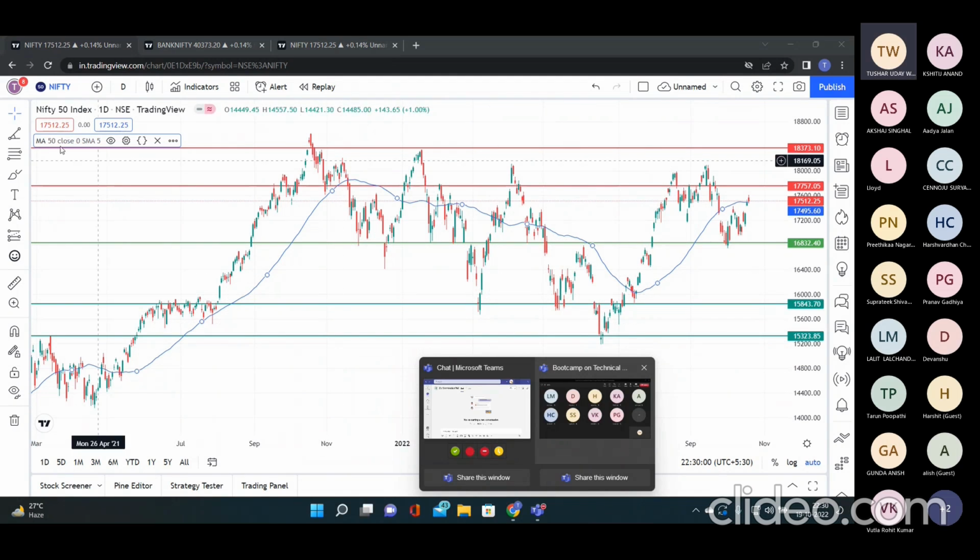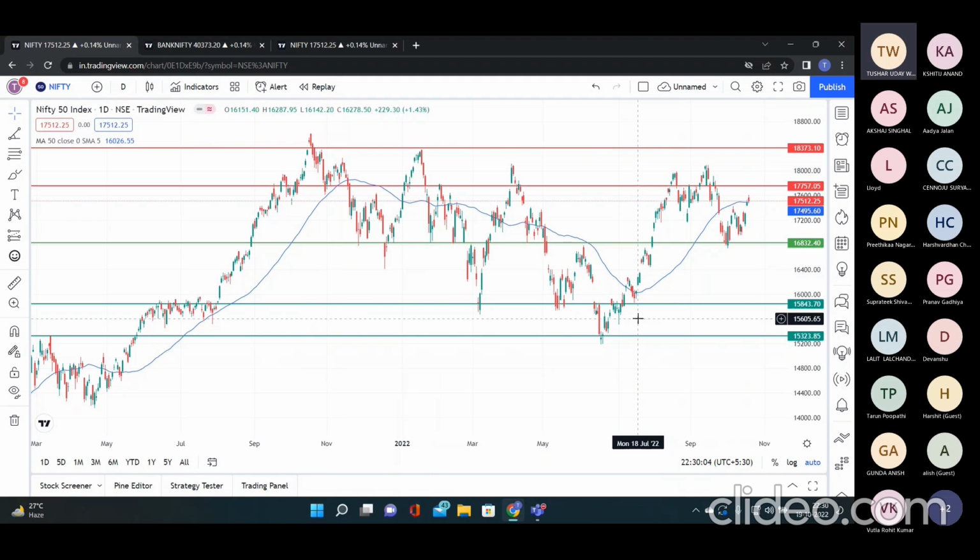So this is the 1-day time frame chart of Nifty 50, and I have shown you key levels, the support lines. 15,323 was a crucial support which was maintained a few days back.